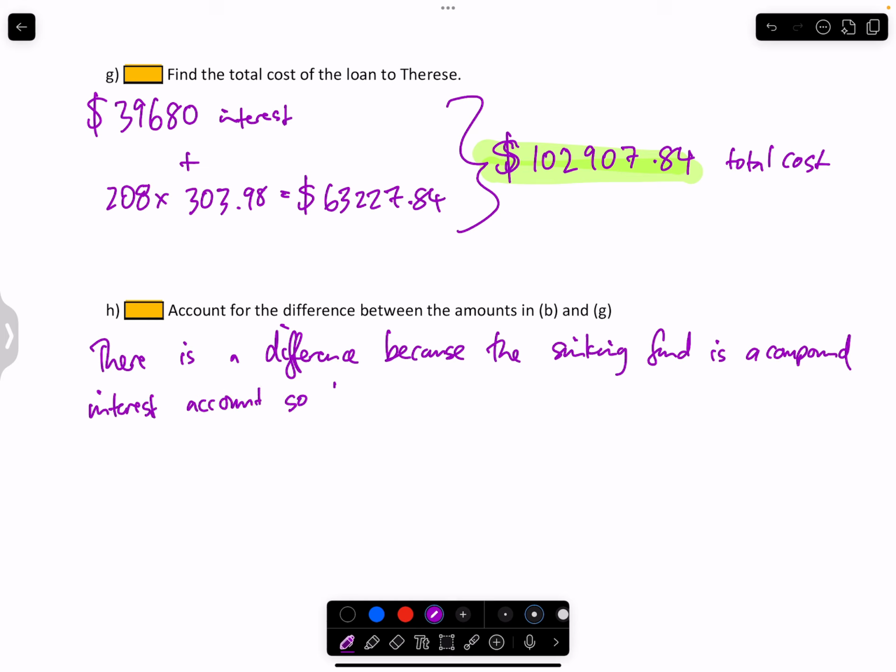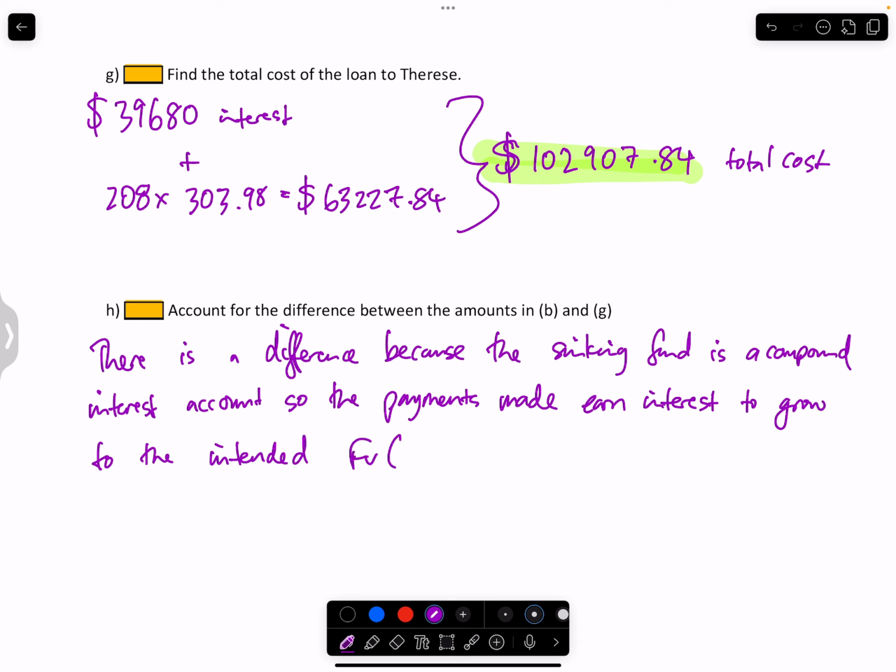So the payments made earn interest to grow to the intended FV, future value.